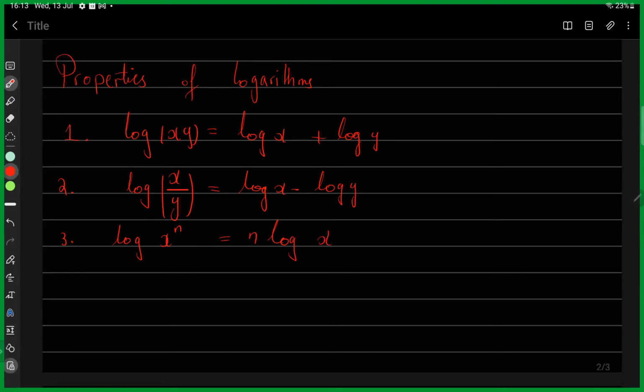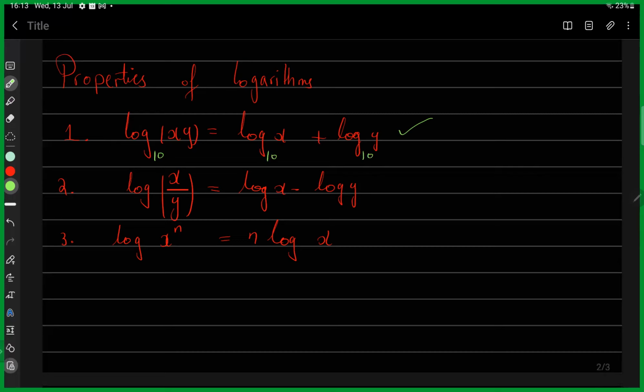This thing would get better once we talk about the questions. Now here you cannot see any base. When you do not have any base, it means that all the bases are same. For example, in the first property, base could be 10 here, then the same base would come here and here.